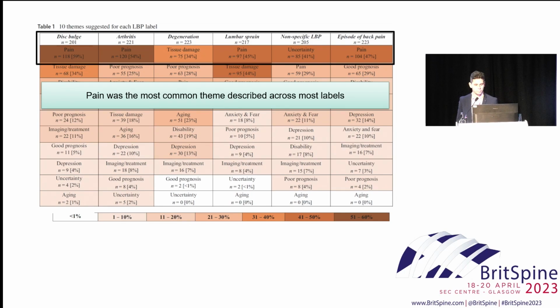So we did find that pain was the most common thing described across most labels. So that's what people thought about when they saw the label. Pain was the most common thing, except for degeneration and non-specific back pain, where tissue damage and uncertainty were the most common feelings evoked by the labels.